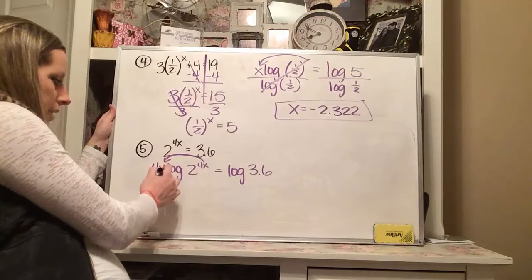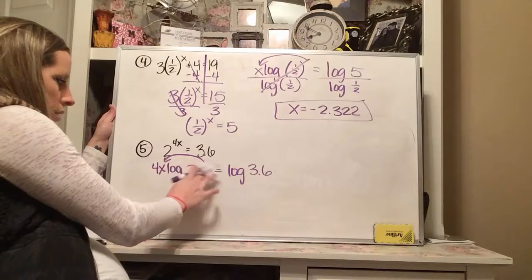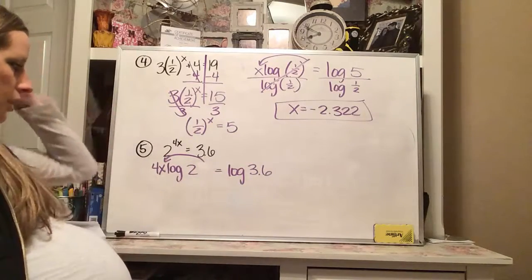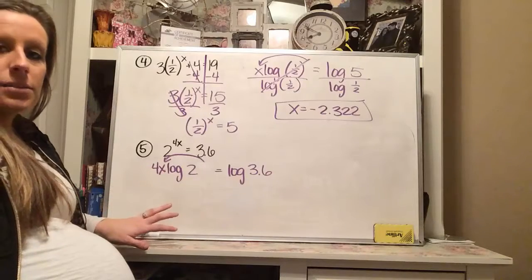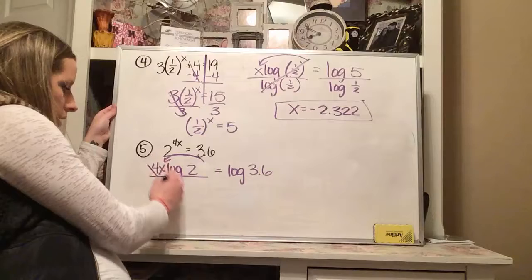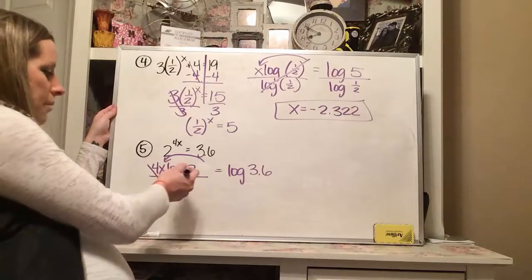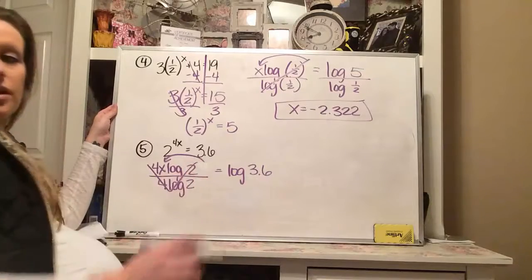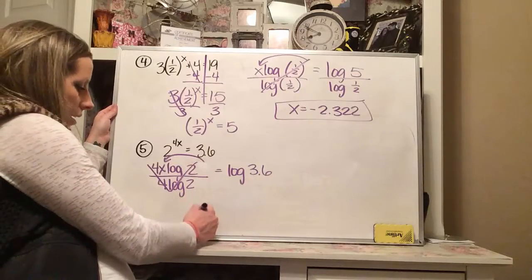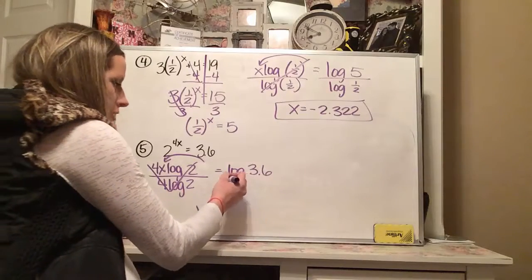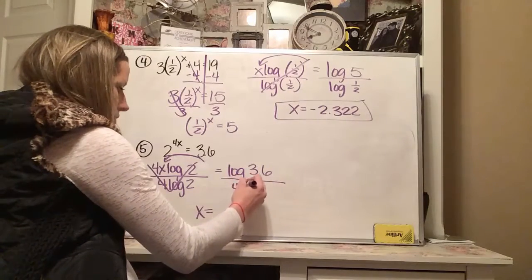So 4x log of 2 equals log of 3.6. Okay, now I'm trying to get x by itself. So I'm going to divide by 4, get rid of that. I'm also going to divide by the log of 2 and get rid of that. And then my x will be by itself. Okay, so what I do to one side, I have to do to the other.